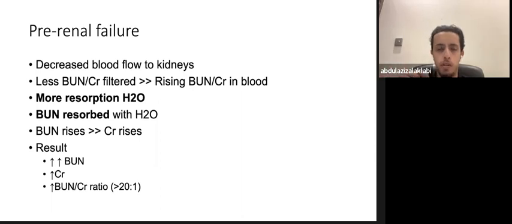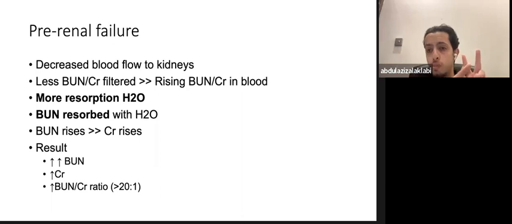So again, one more time, I'll just explain it. There's decreased blood flow to the kidneys, and this will cause a compensatory mechanism by the kidneys. It will want to reabsorb more water. Doing this will allow the BUN to follow with the water, so we can have increased reabsorption of BUN. Therefore, two things are happening right now.